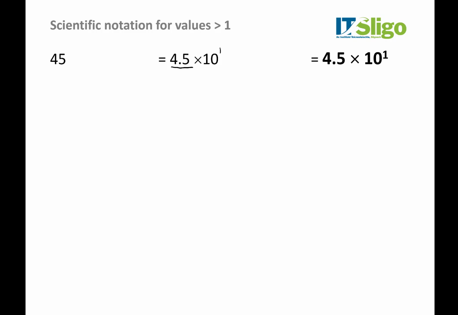And whenever 10 is on its own, we can always write it as 10 to the power of 1. So in scientific notation, 45 is 4.5 by 10 to the power of 1. So there are two parts to the number: the number part and the power part.